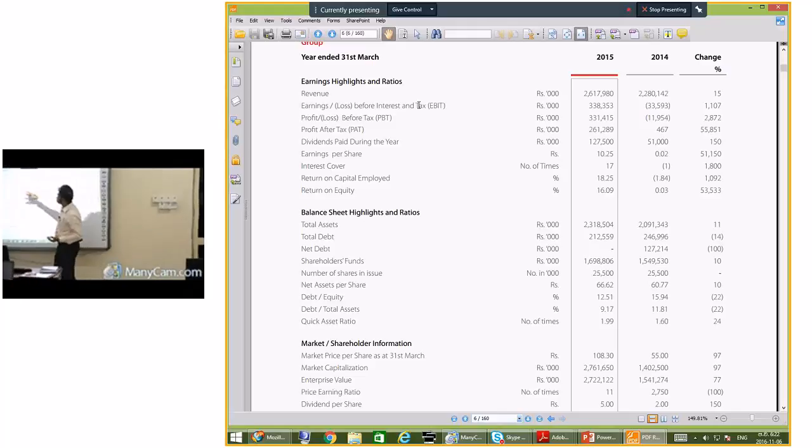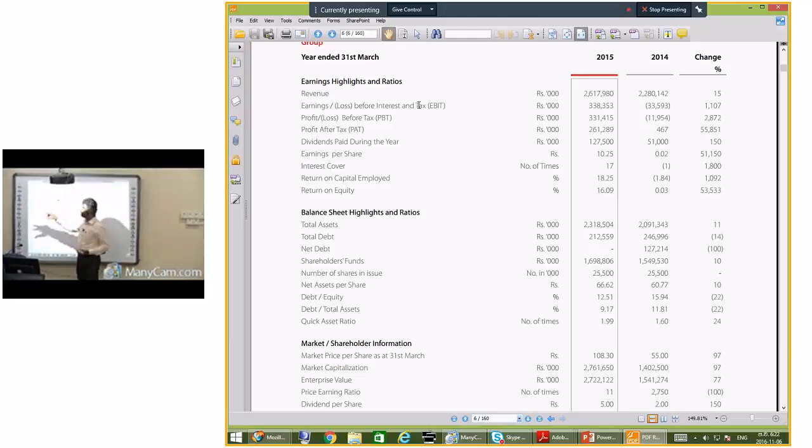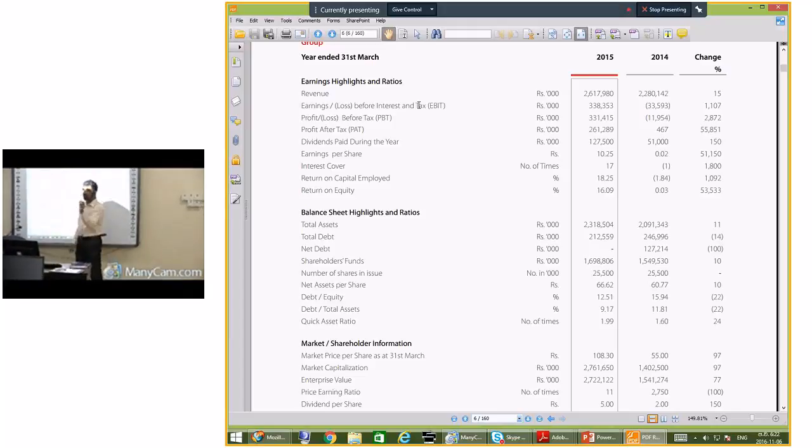Now an important one, earnings before interest and tax, EBIT. When you are preparing that type of ratios, you can directly extract this EBIT from the financial statement, right? During the last 5 years, in this case we have only 2, but in some organizations it is given for more than 10 years or 5 years.